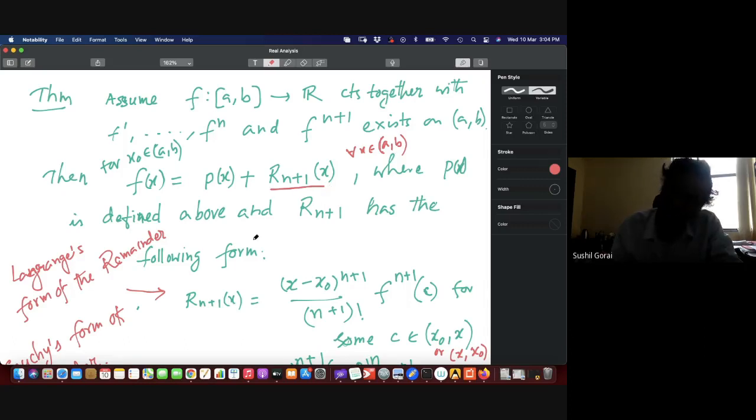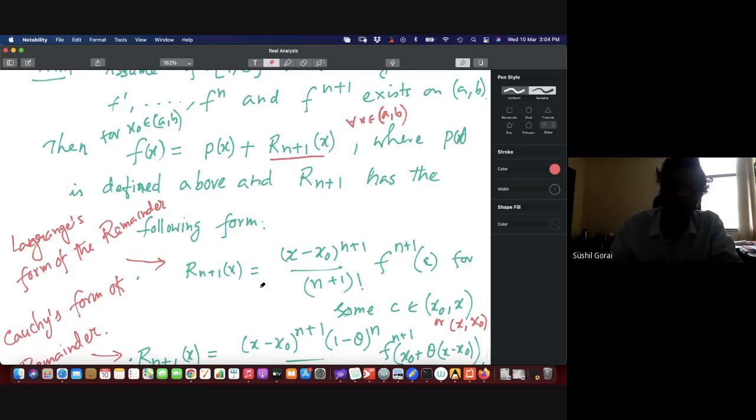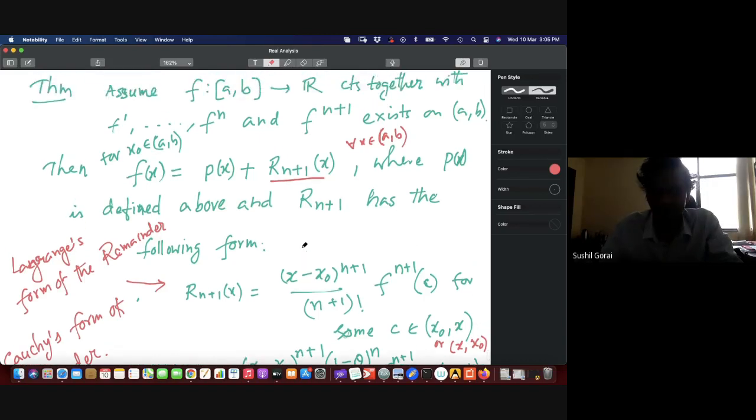The mean value theorem is true for every point in (a,b), but the catch is the approximation does not hold everywhere because the error term becomes bigger.